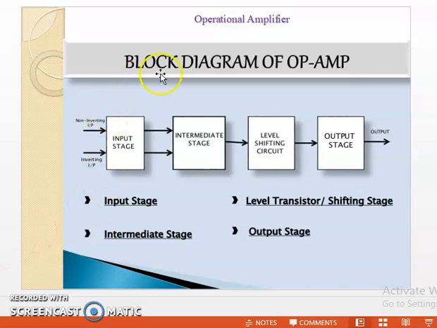If we think about the block diagram of op-amp, you will come to know that there are four stages.